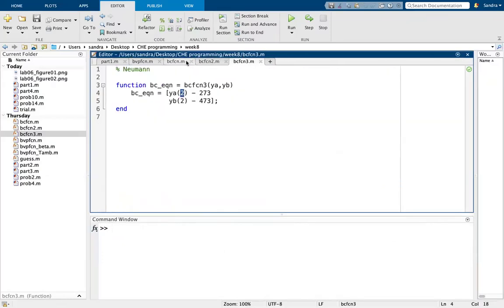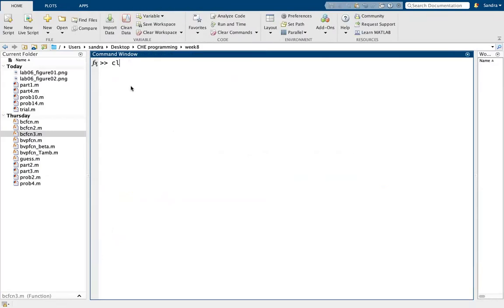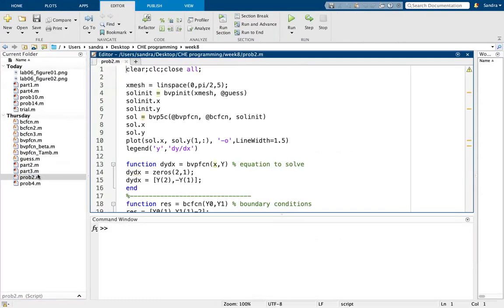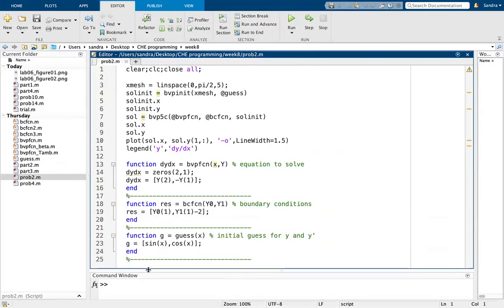So first, this is the thing we have. I have from 0 to pi by 2, that is my limit, and I am gridding it with 5 grid points.